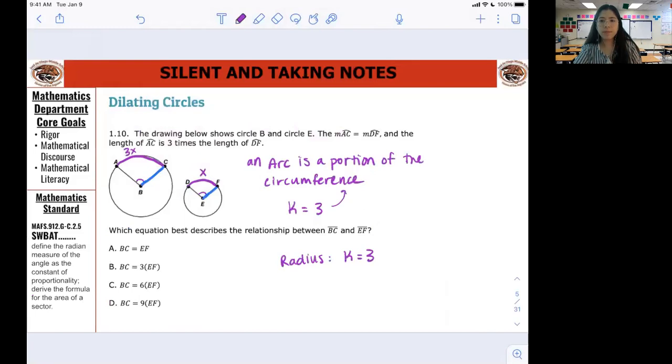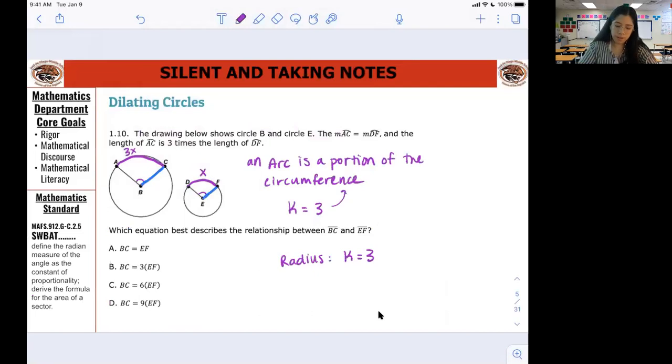If the circumference and the radius get the same scale factor, the area is the different one. But what are they asking about in the answer choices? Those are the radii, right? They're both radii. So now take a look at the possibilities.